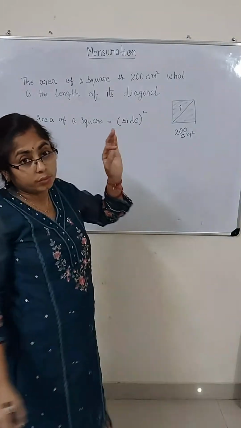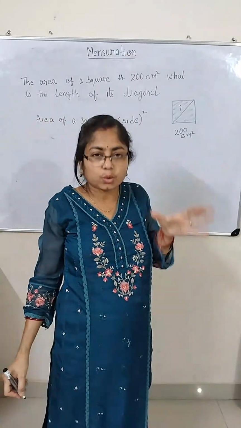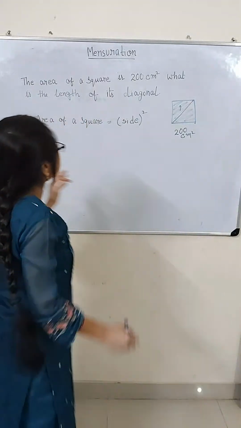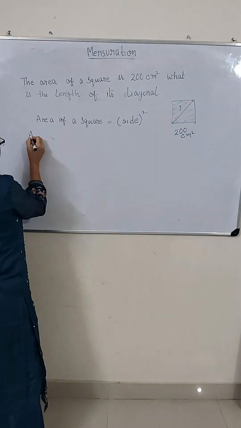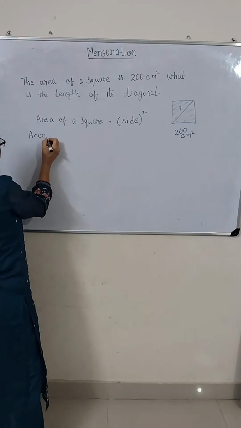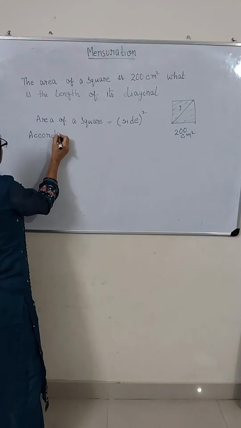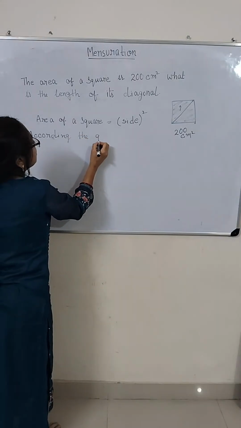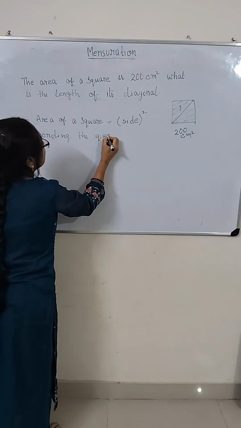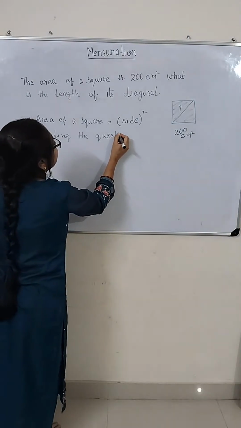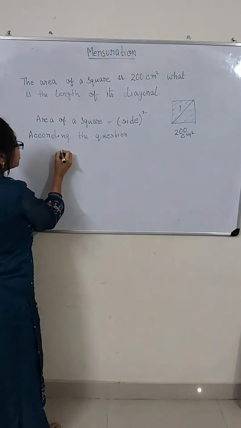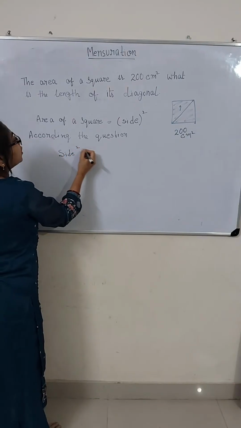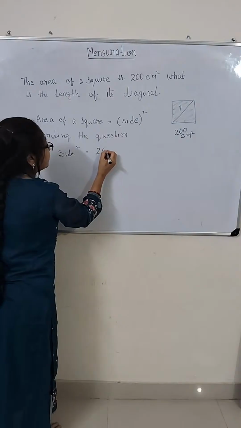According to the question, the area of the square is 200, so side square equals 200.